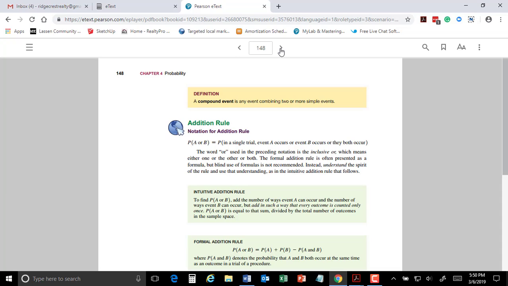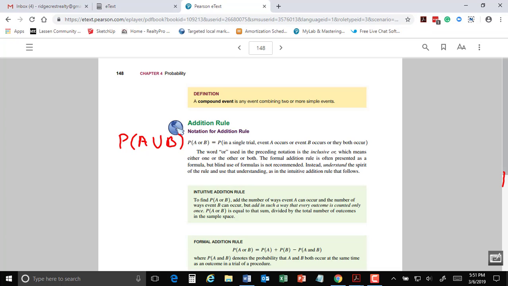Remember that another way of writing the word or is the logic symbol A or B. So when we're talking about the addition rule, a single event A occurs or an event B occurs. If one or the other occurs, you're going to add the probabilities of A plus B, yes?